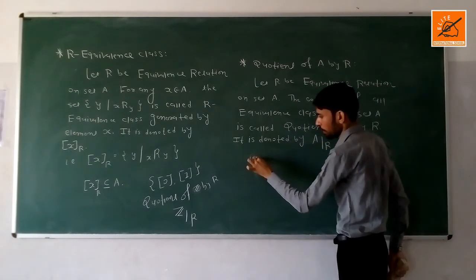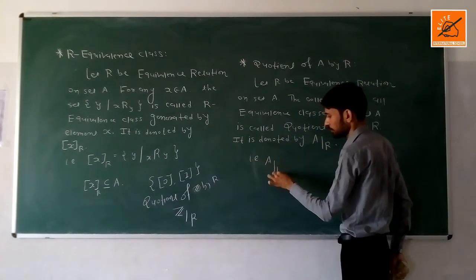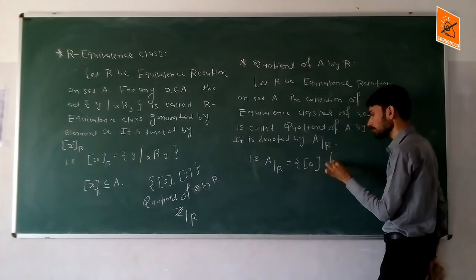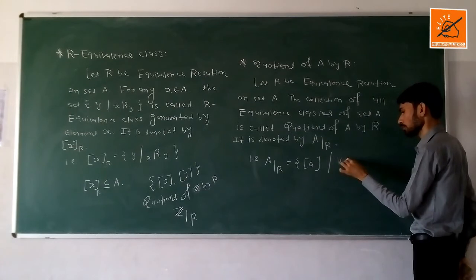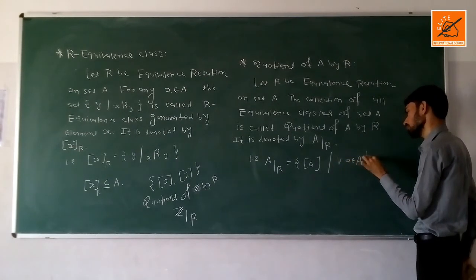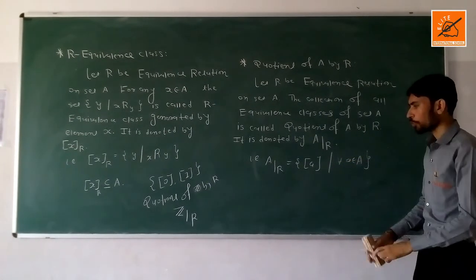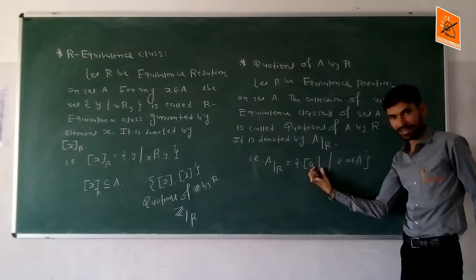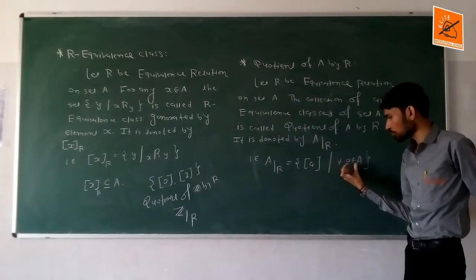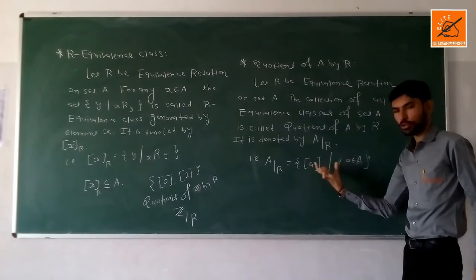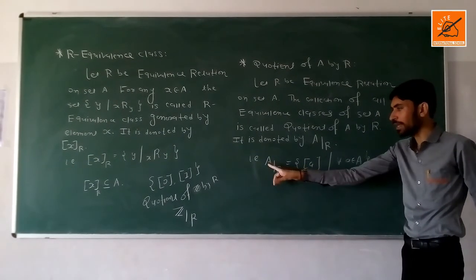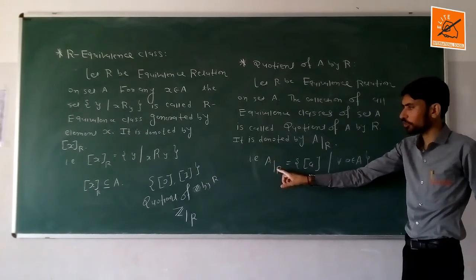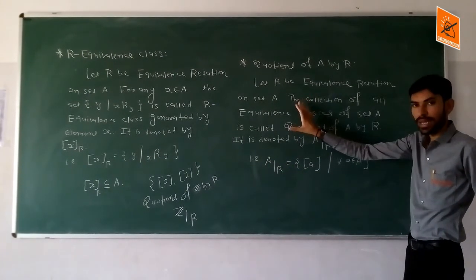So the quotient of A by R is nothing but the collection of all equivalence classes of every element a belonging to A. So this is the definition of the quotient of A by R.